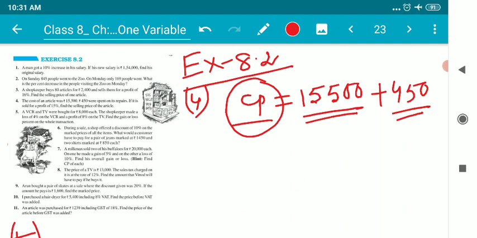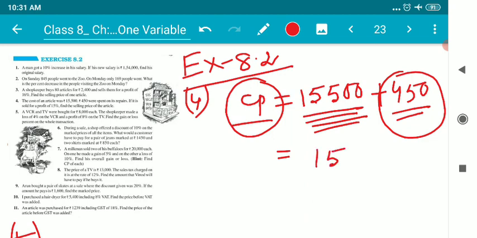So 15,500 rupees was the buying price of the article, and 450 rupees was spent on the item. So the total buying price, or the final cost price, is 15,950 rupees. This is the total buying price of the article. I hope it's clear till this much.